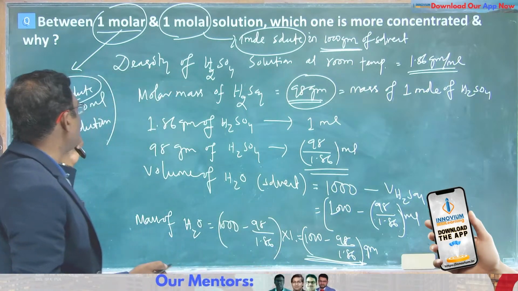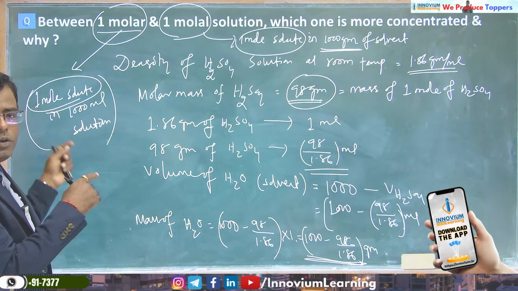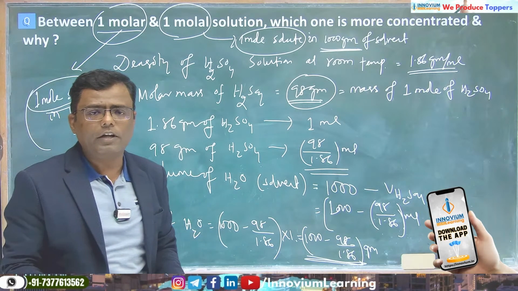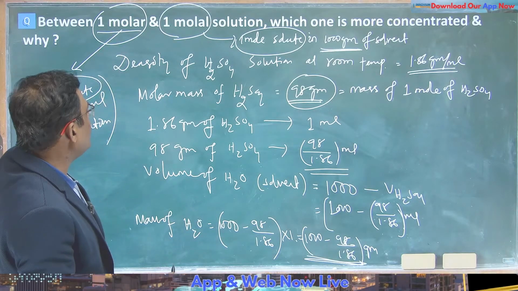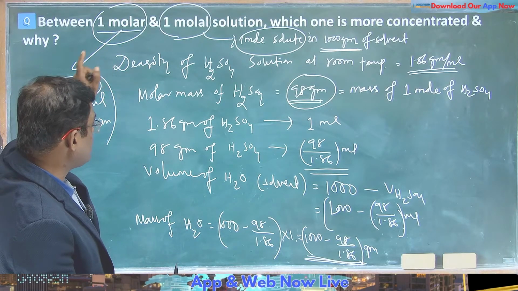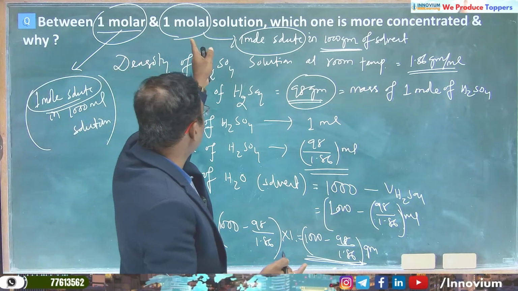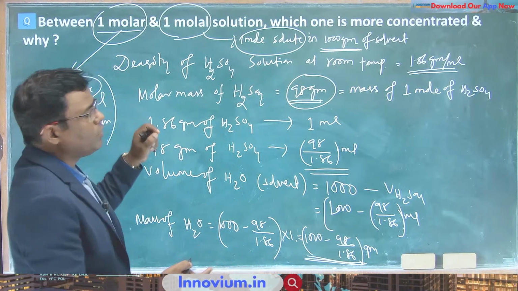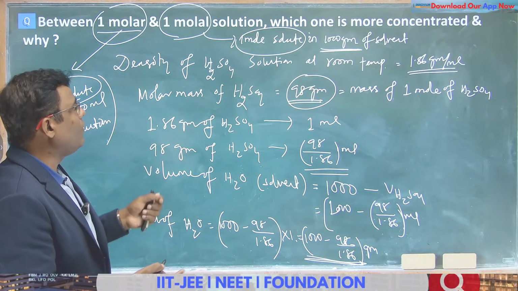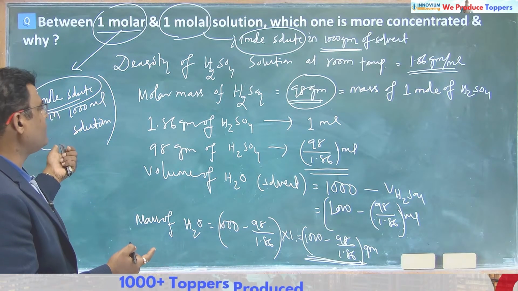If the solvent amount is less with the same amount of solute, then that solution will be definitely more concentrated. So the H2SO4 solution with 1 molar strength is definitely more concentrated than the H2SO4 solution with 1 molal concentration, because in both cases solute amount is 1 mole, but the solvent amount here is more, and here solvent amount is less, that is less than 1000 gram.